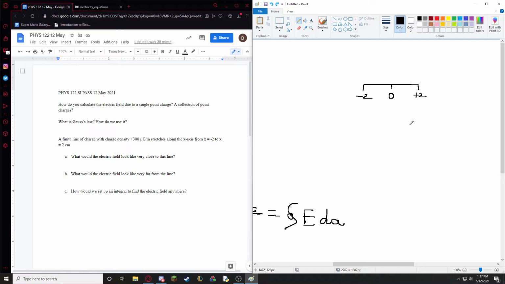Because when you do the integral, or use Gauss's law, you get the same thing. Well, that would be the case if we had an infinite line of charge. 2k lambda over r is what you actually get if you use Gauss's law on an infinite line of charge. But this isn't an infinite line. Why are we able to treat it as an infinite line?